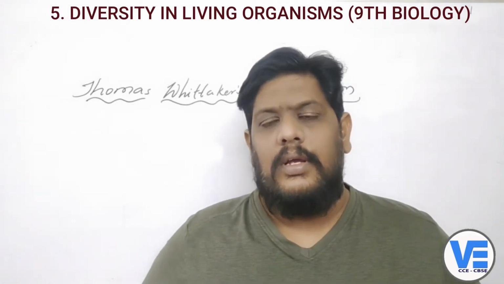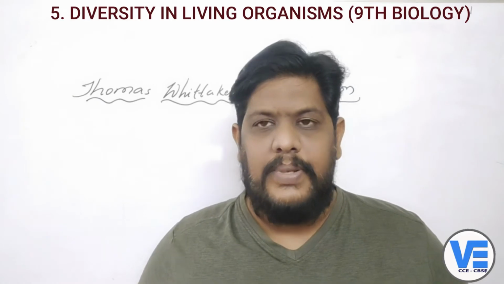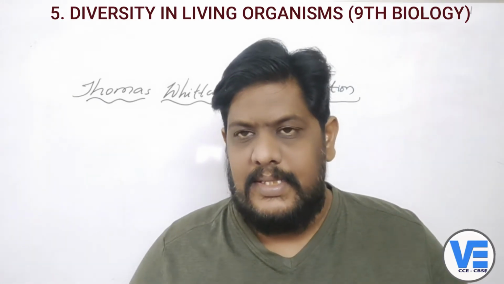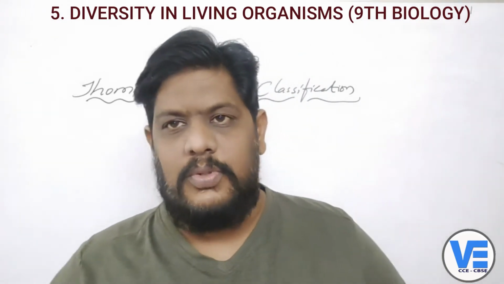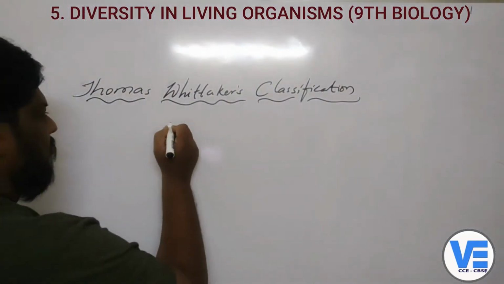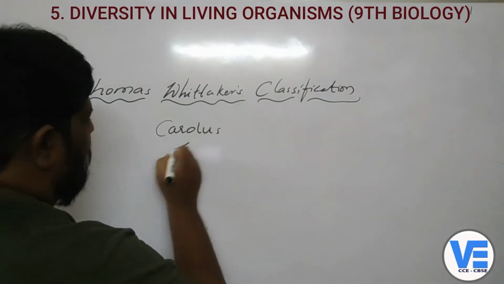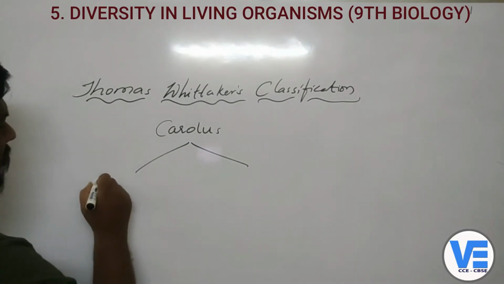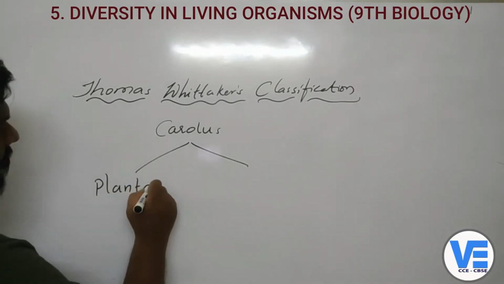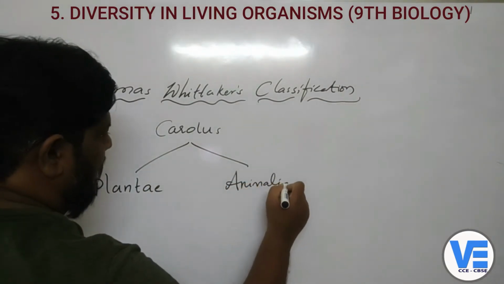Now, coming to yesterday's session, we have learned about Carolus Linnaeus, right? The person who belonged to the 18th century. He classified all the organisms into two groups. He divided all the living organisms into Plantae and Animalia, right?